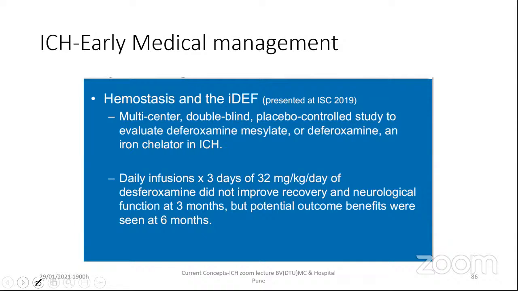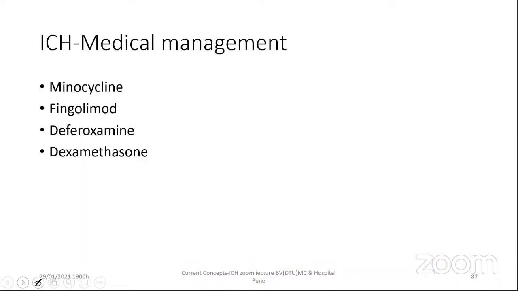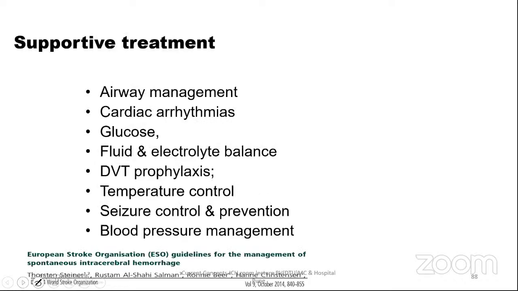Daily infusions for 3 days of 32 milligrams per kg per day of deferoxamine did not improve recovery and neurological function at 3 months, but potential outcome benefits were seen. So there are other drugs which are tried based on this: minocycline, fingolimod, dexamethasone. So more and more studies are being done to prevent the secondary injury of ICH.